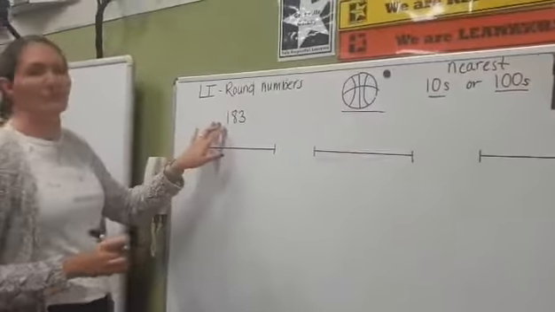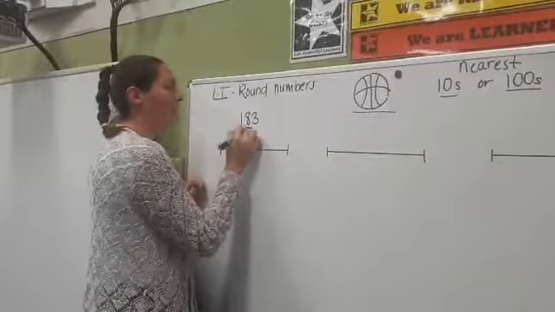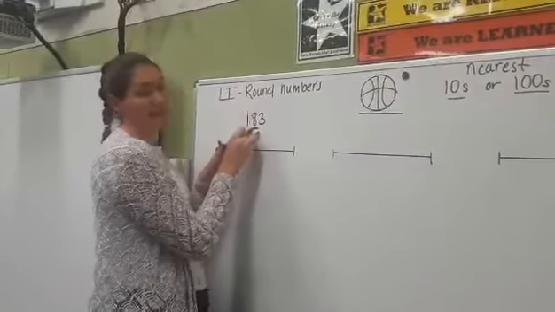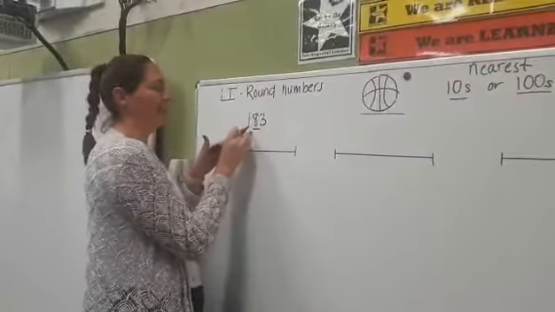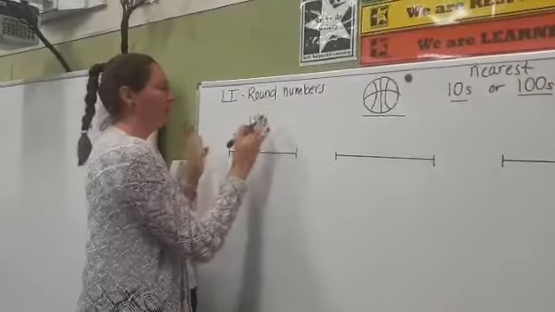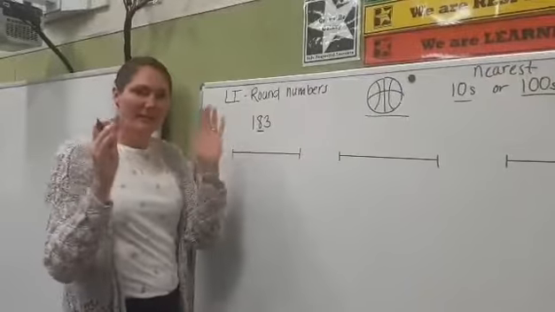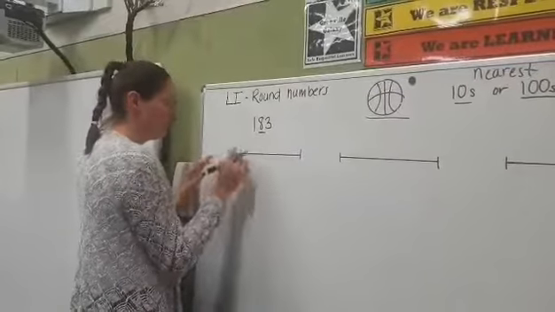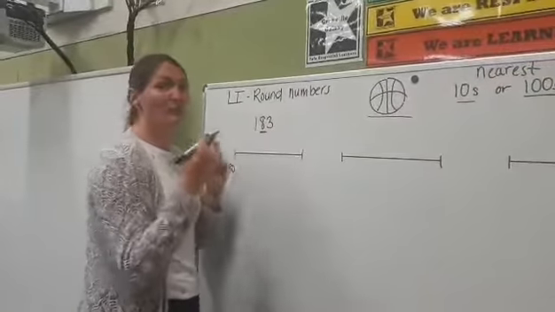Looking at 183, we're going to round to the nearest 10. The 8 is in the tens place, and I know that I have 18 tens in this number. The first thing I need to do is find the decade on either side. So I have 180, and then 10 more than that is 190.